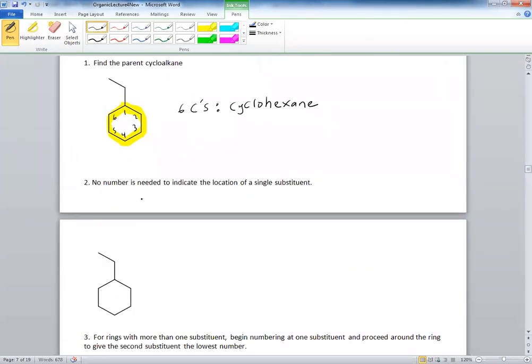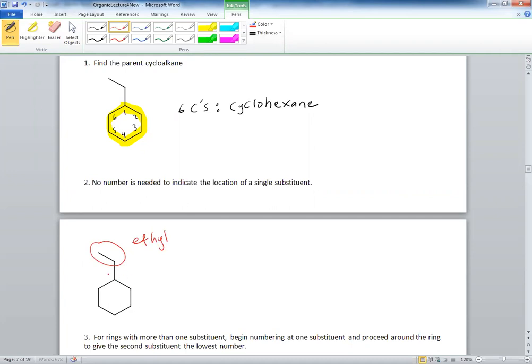Rule 2 says no number is needed to indicate the location of a single substituent. So if you have a single substituent right here, there's no need to include that number. All you have to know is what substituent this is. If you recall, this is an ethyl.